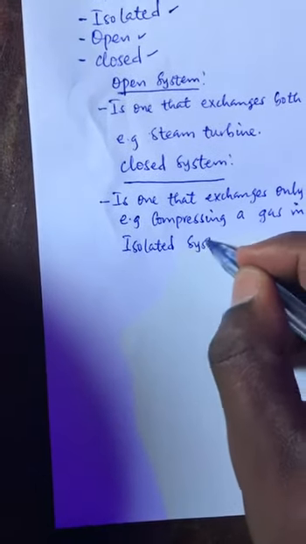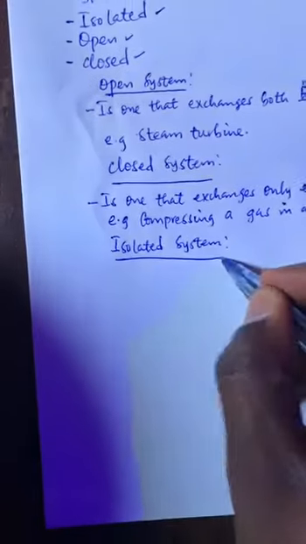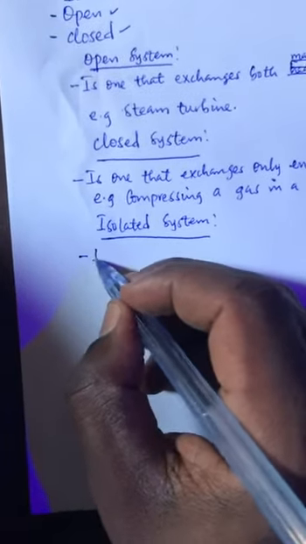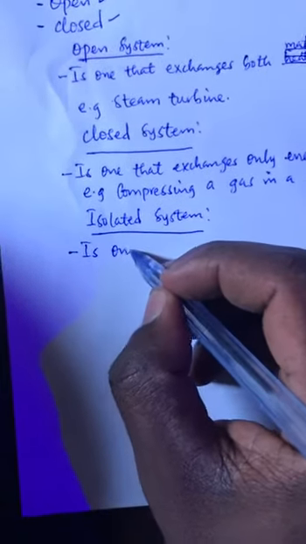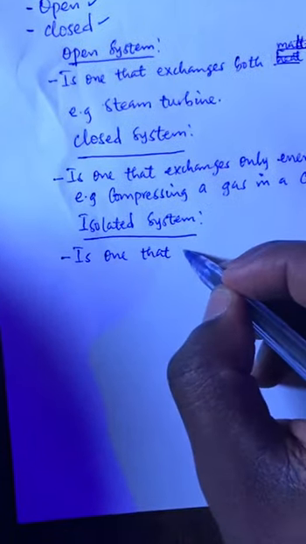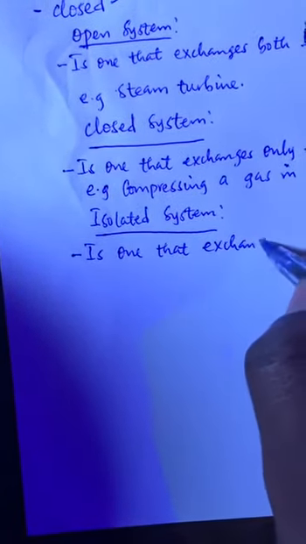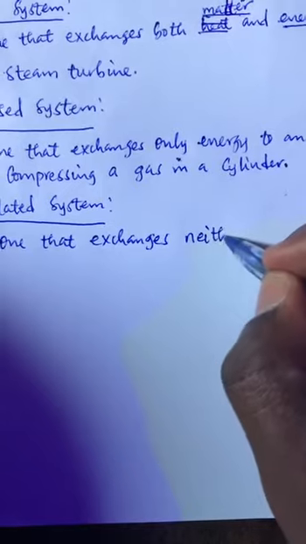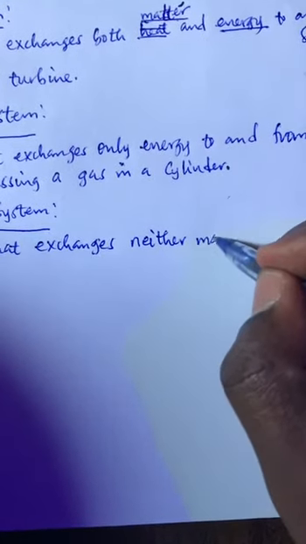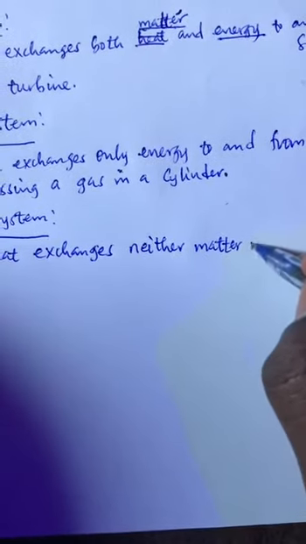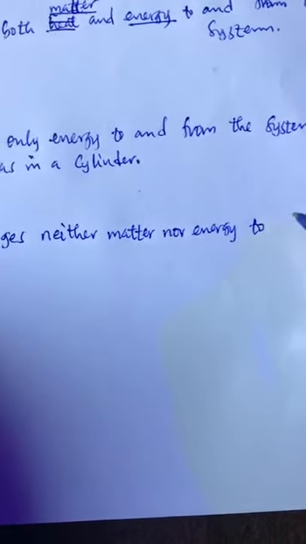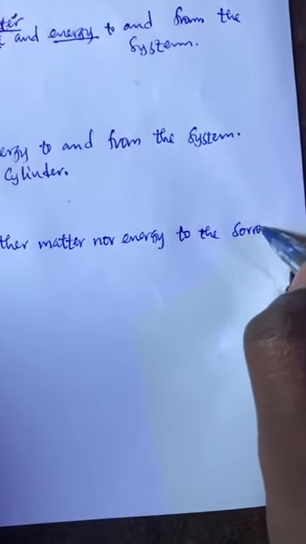Now, an isolated system is one that exchanges neither matter nor energy to the surroundings.